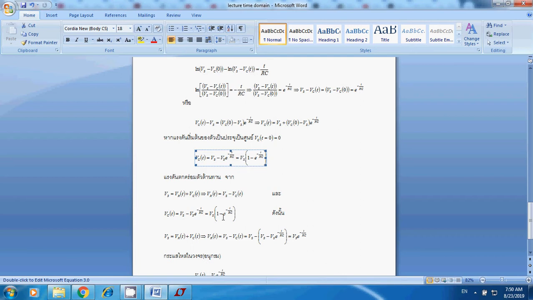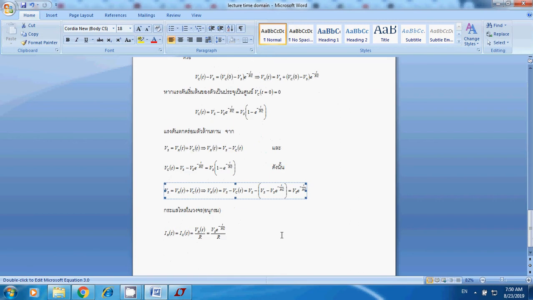So you substitute Vc in the equation. You have VR equal to Vs minus Vc(t), and this is your Vc(t). And then Vs cancels out, right? This is minus and minus, so you end up with Vs, the last term, multiplied by exponential to the power of negative t over RC.